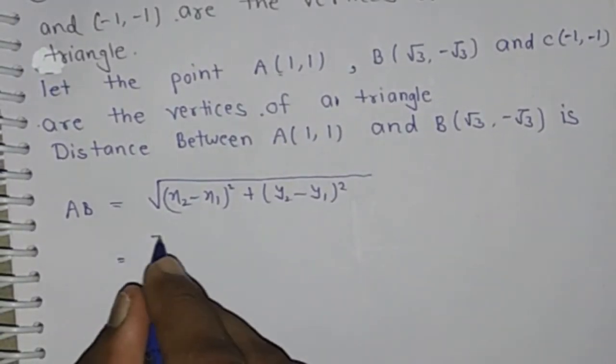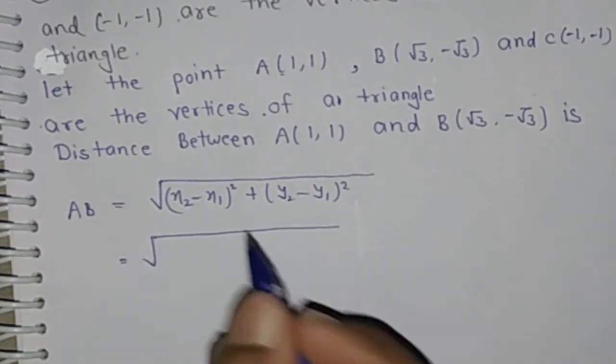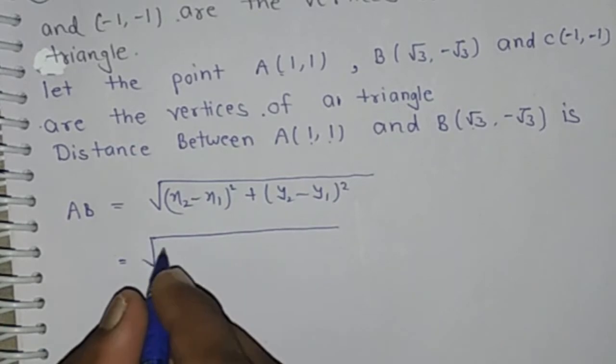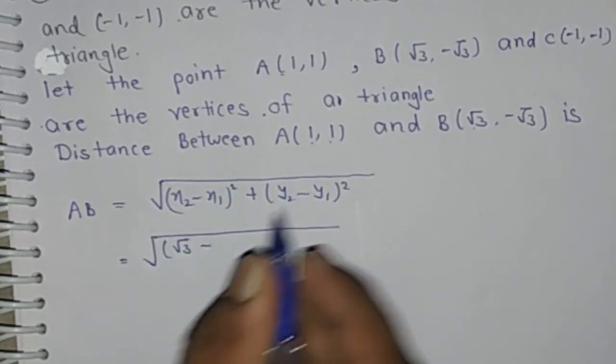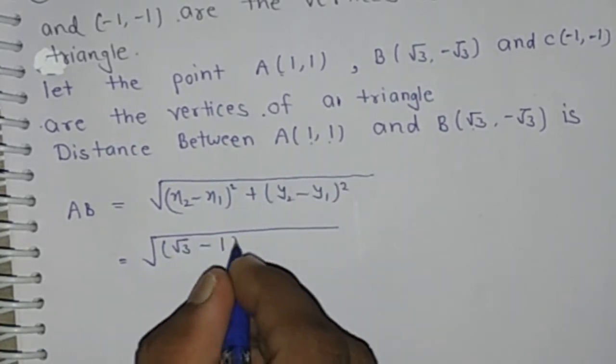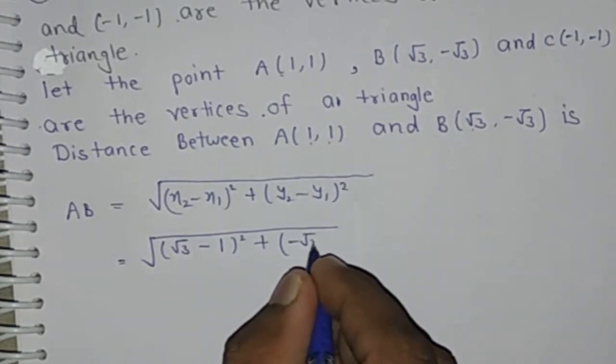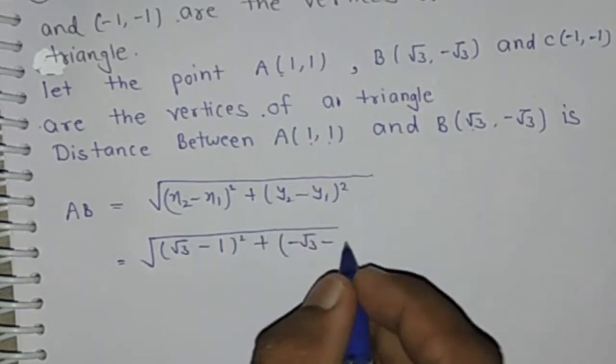With x1, y1, x2, y2, x2 is root 3 minus x1 is 1, plus y2 is minus root 3, minus y1 is 1.